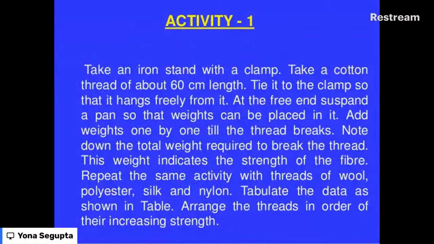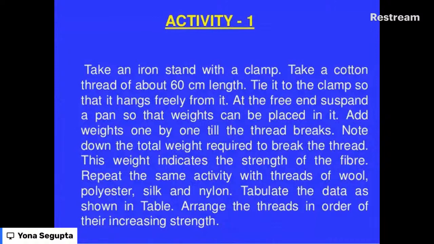We need to take an iron rod with a clamp. Now we have to take a cotton thread of about 60 centimeters. You can measure it with a scale or a measuring tape and tie it to the clamp so that it hangs freely.